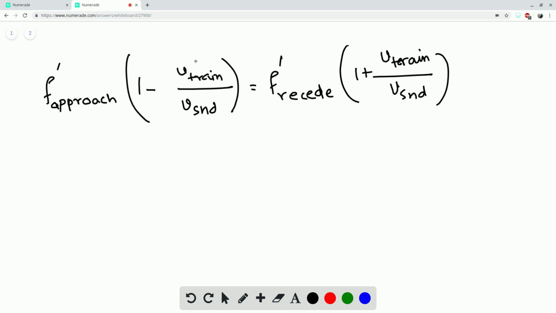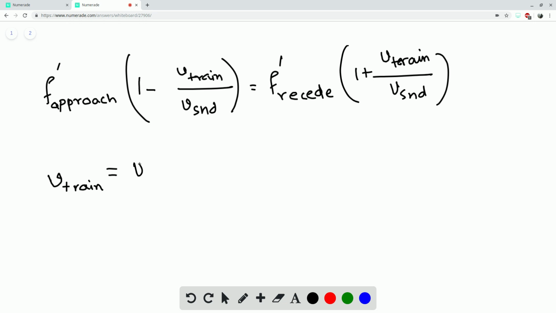So this is something that we don't know. So we can write the whole equation in terms of the velocity of the train. You can do it on your own, and I'm just going to write down the expression that we're going to get so you can verify that.